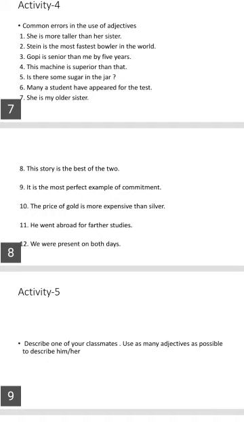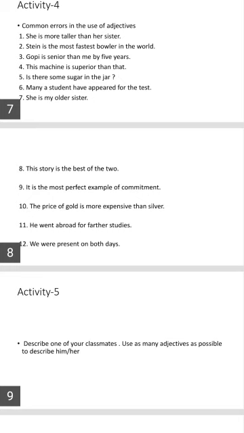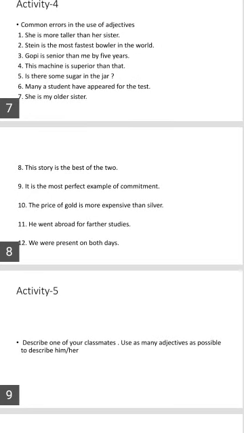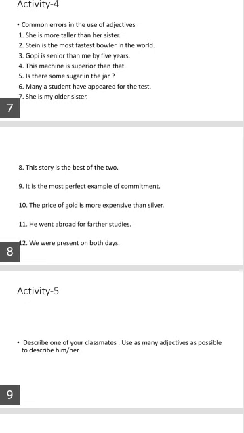Next sentence. Some is used in affirmative sentences. Any conveys a negative meaning. See the sentence, is there some sugar in the jar? Not some, any. Is there any sugar in the jar? Yes, there is some sugar in the jar.